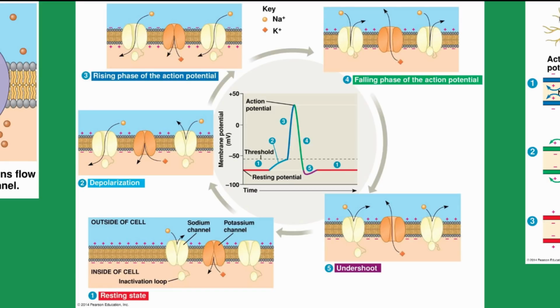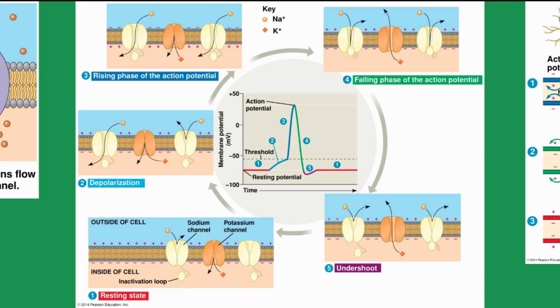This pump moves 3 sodium ions out of the cell and brings 2 potassium ions into the cell. So since there's this uneven exchange of the positive ions, the outside becomes positive, the inside is relatively negative, and the neurons are able to manipulate this membrane potential by opening and closing these sodium or potassium channels.